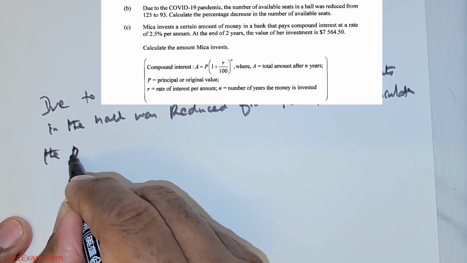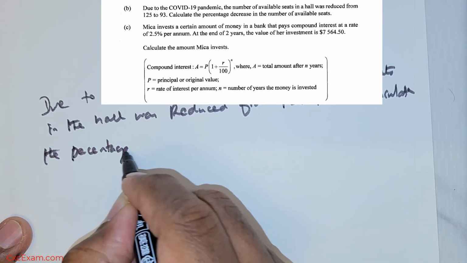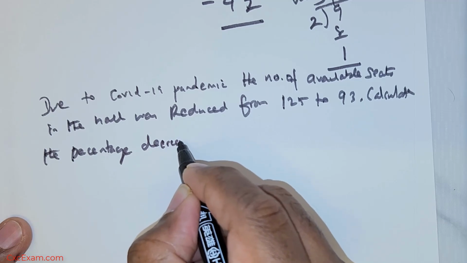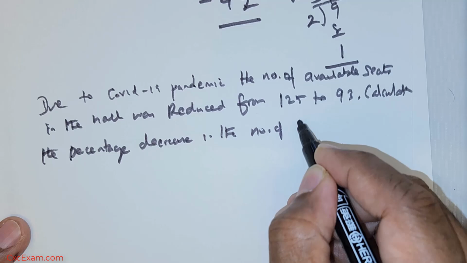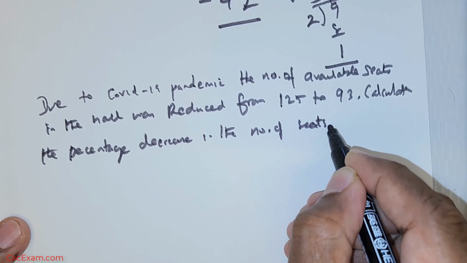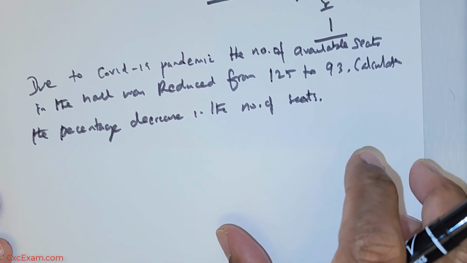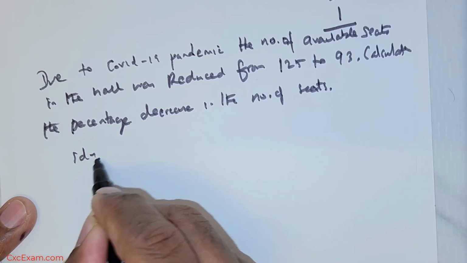Calculate the percentage decrease in the number of seats. So this is the solution.